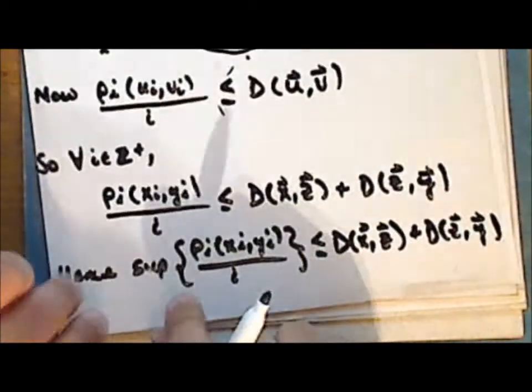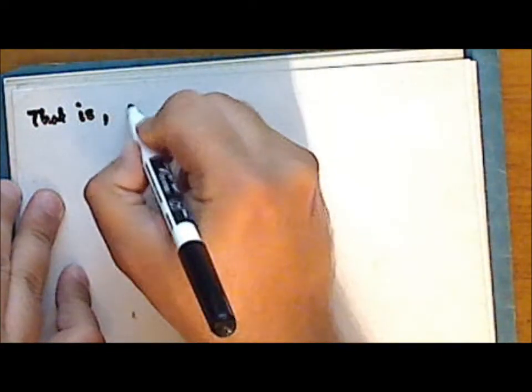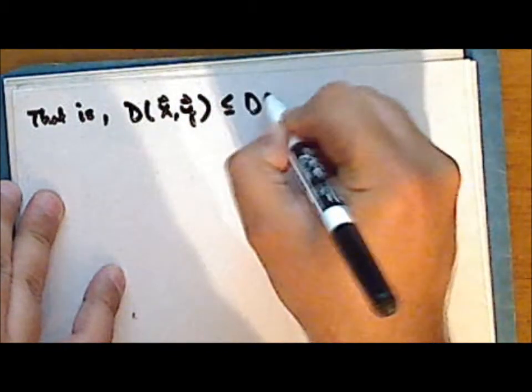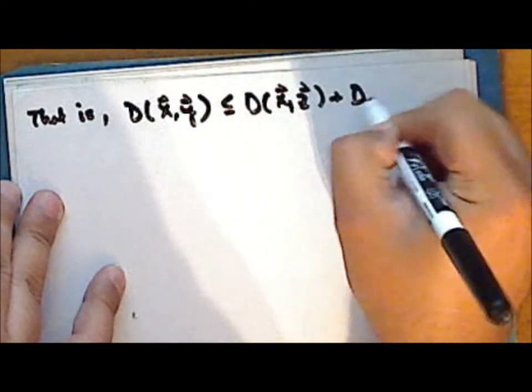And so, in other words, D of xy is less than or equal to D of xz plus D of zy.